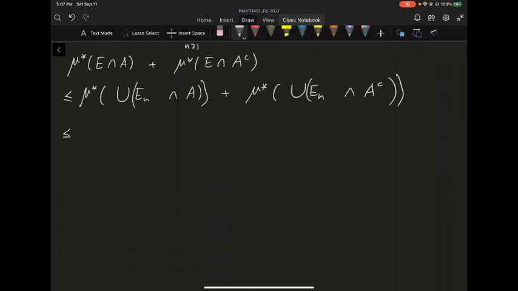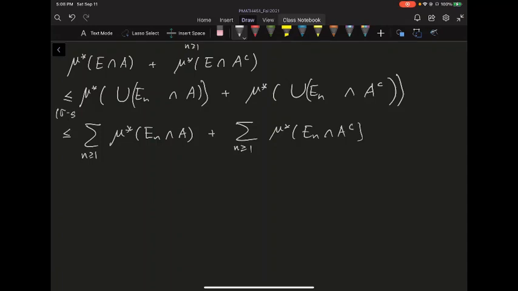So by the sigma subadditivity of mu star, we get that it is less than or equal to the summation of each of these mu star terms.